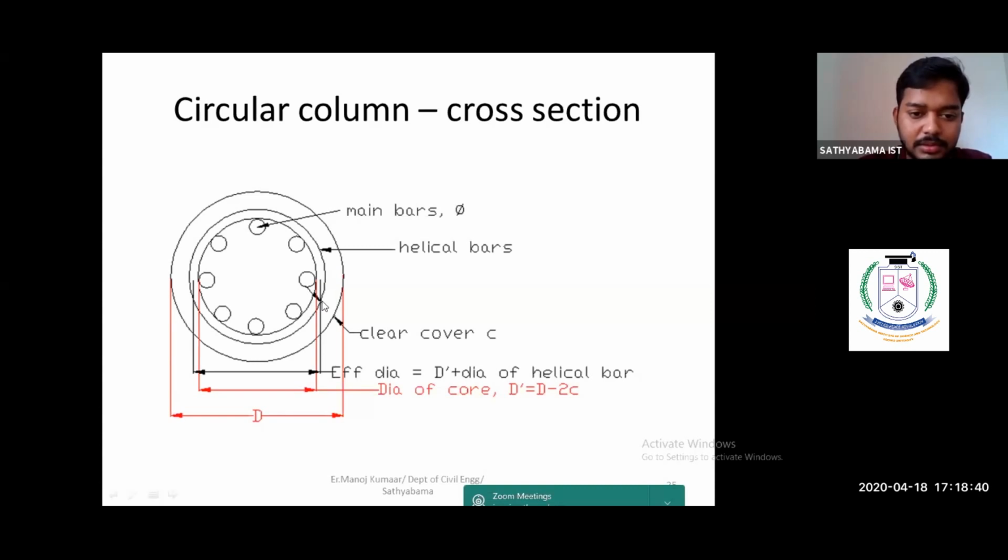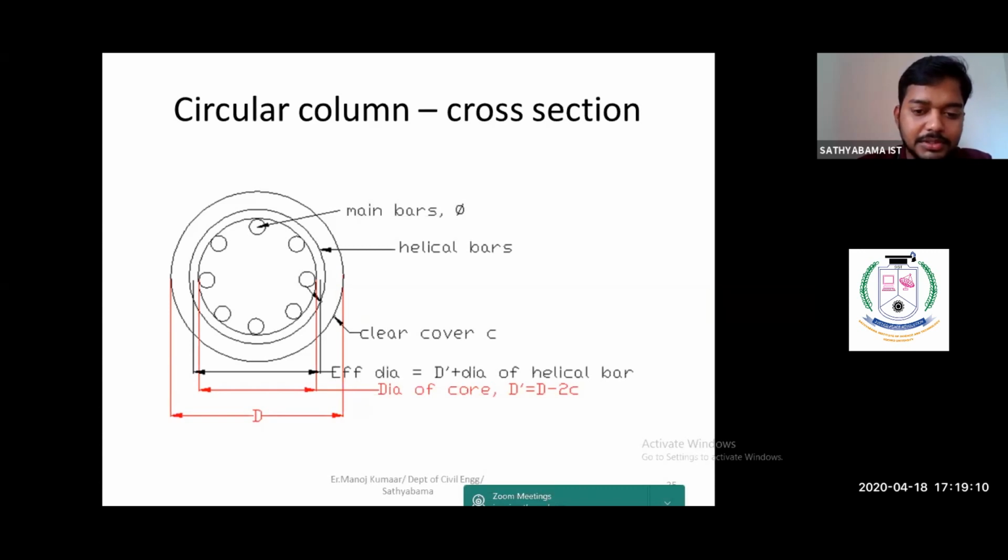Now, the distance between the main bar and the outer face of the column is called clear cover C. Next, the diameter of core is nothing but D dash, which is equal to D minus 2C. That is, from one end of the main bar to the other end of the main bar is called the core diameter.